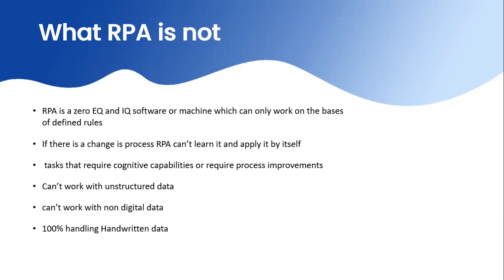So this is not RPA. You need to understand what RPA can do and what RPA can't do. It is very important because when the client or the business team comes to you and says, I have a process to automate, can you automate it? you need to know what you can automate, what you can't, and if you can't, how you can make it possible to automate.